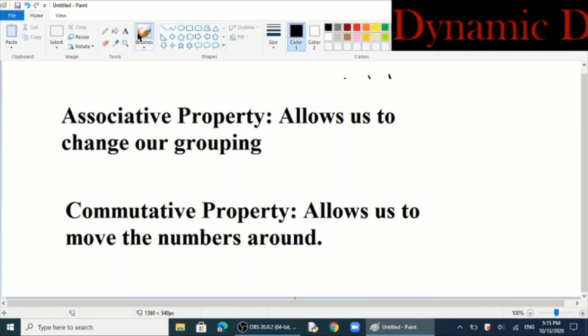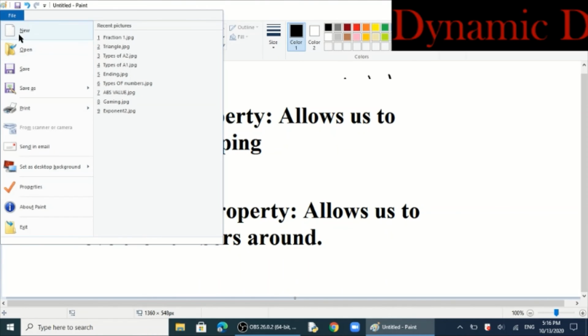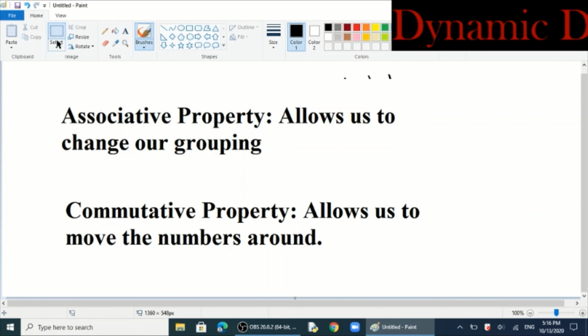So I hope you took a screenshot. I gave you guys some time. And I'll erase all this now, because I'm going to show you how we can use this together.